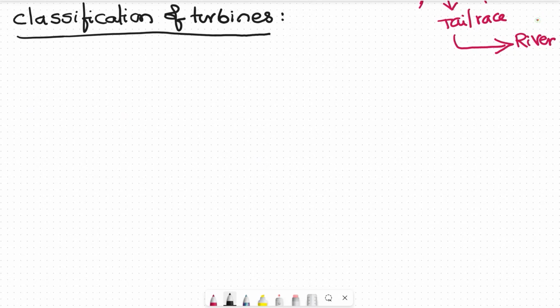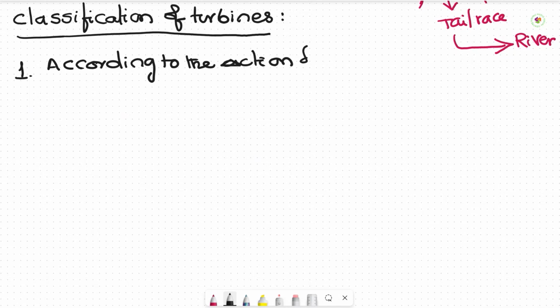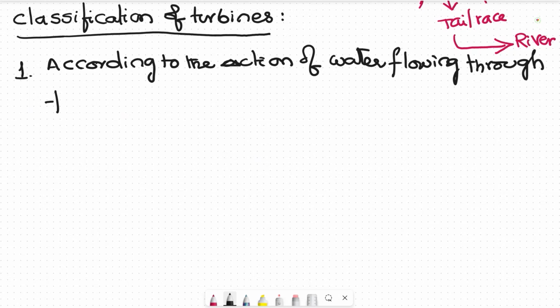So, first thing, number one, a very, very important question: according to the action of water flowing through the turbine runner.